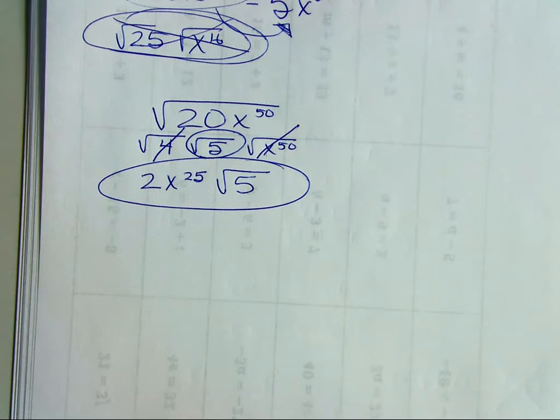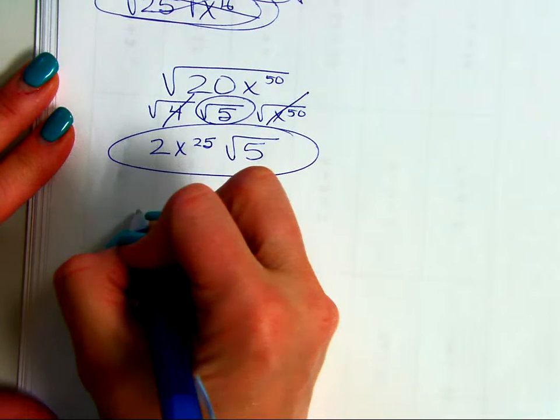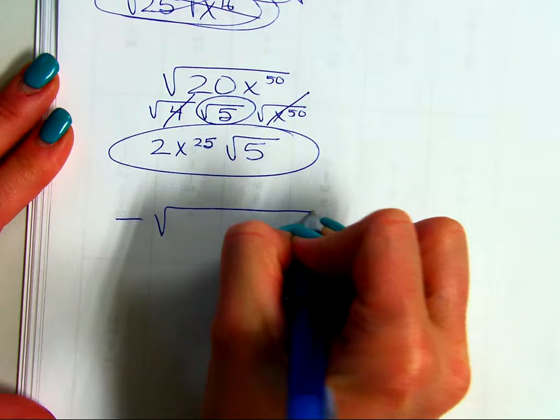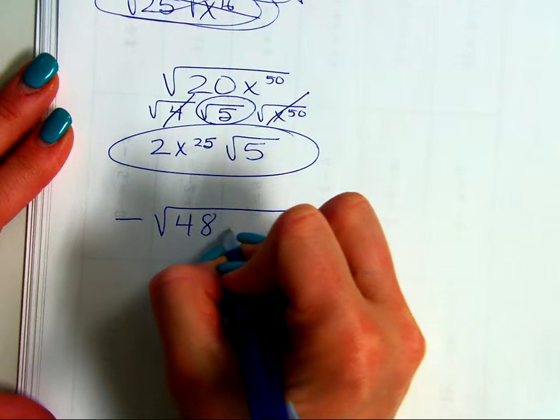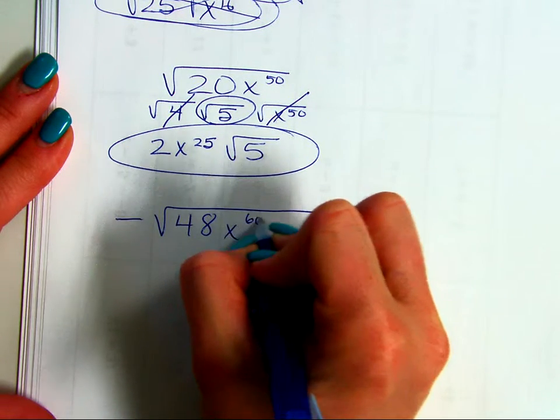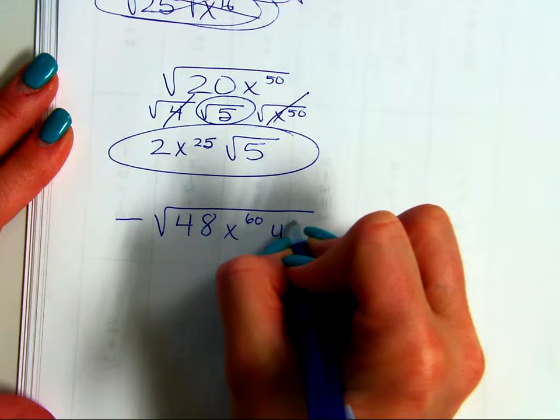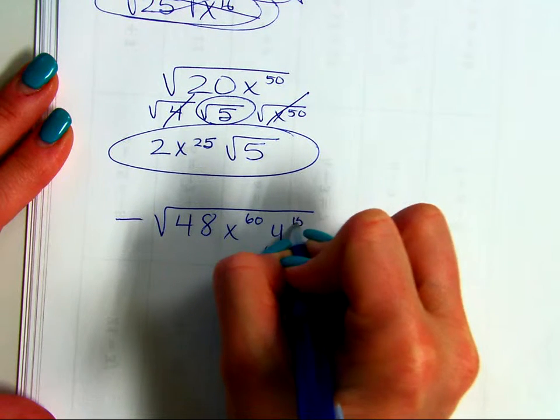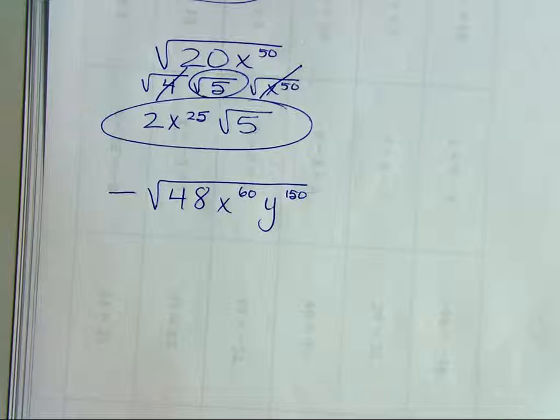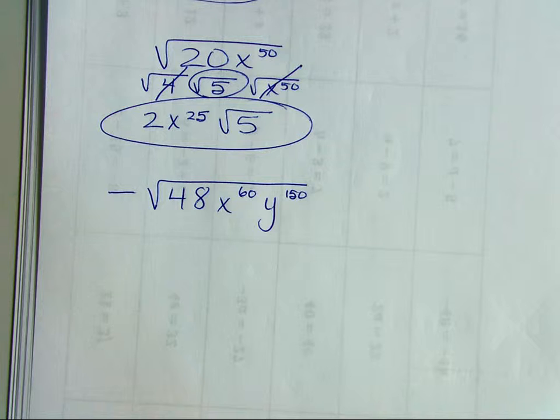Let's do this one. Negative, make sure you don't forget about that. 48 x to the 60th, y to the 150th. Okay? Well, I'm looking at 48, and you may be thinking 6 times 8, but then you're going to have to turn around and break 8 down.